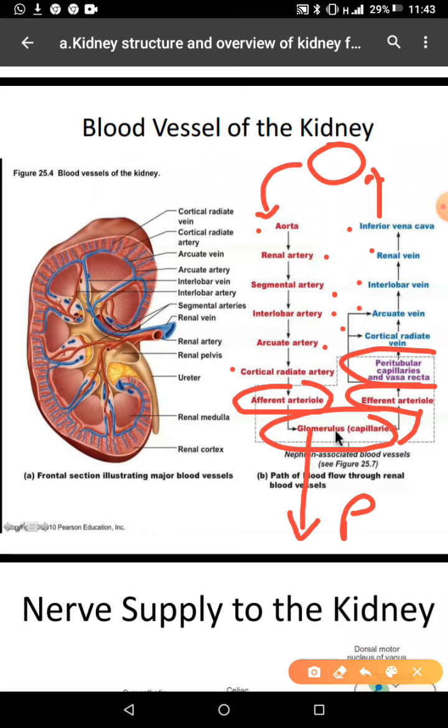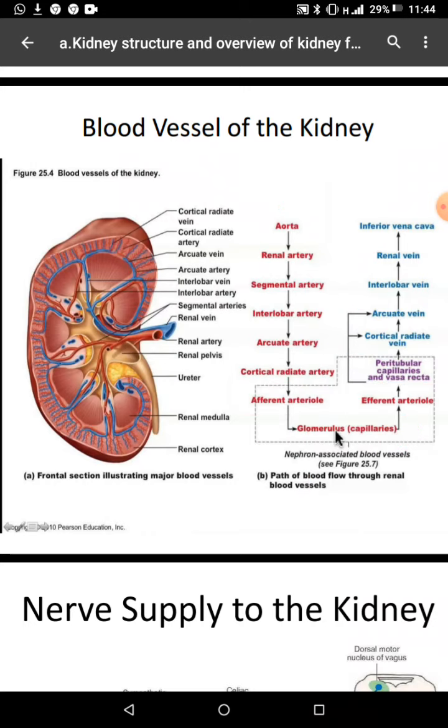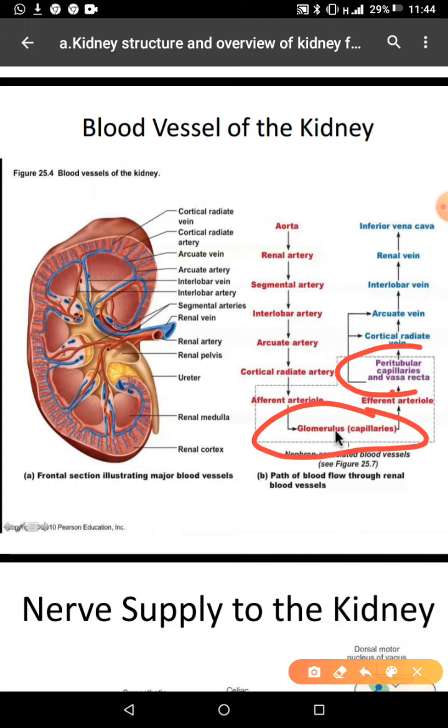Blood is being filtered. So the kidneys has two capillary beds. There's the glomerulus capillaries and the peritubular capillaries. So we are going to see that these are involved very much in secretion. Okay, secretion is the movement of substances from blood into the renal tubules. Okay, so we're going to look at substances that are secreted and substances that are not secreted.